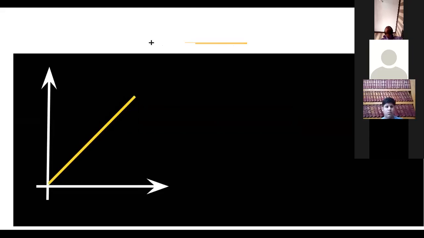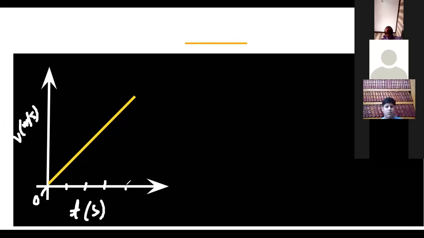Fine. We have velocity on one side and time on the other. Let's say the time goes in seconds. The velocity goes in meter per second.